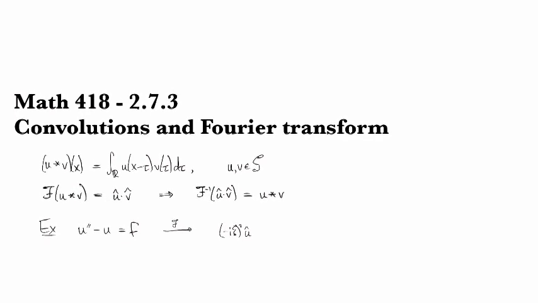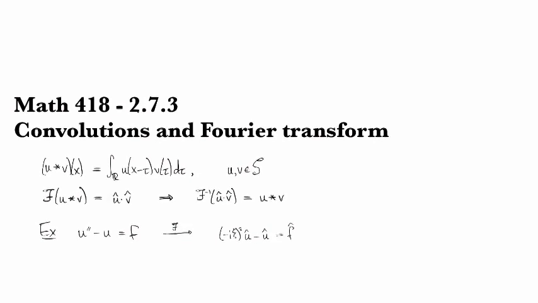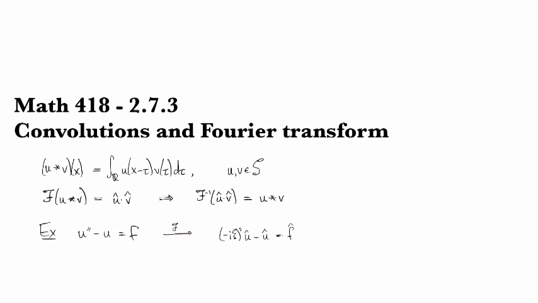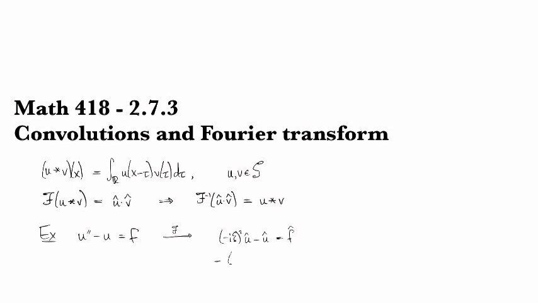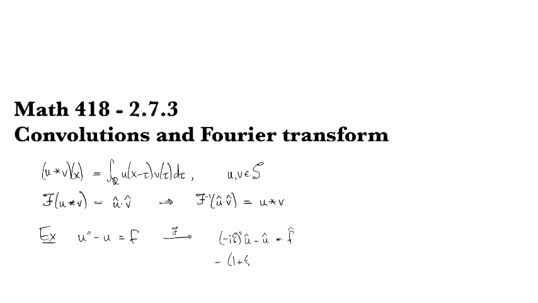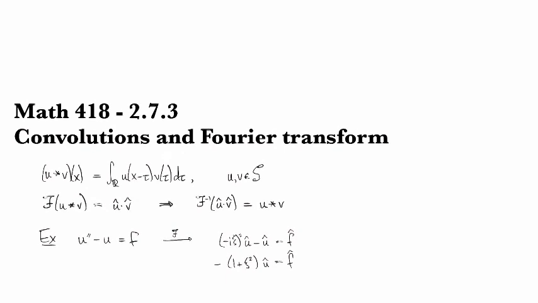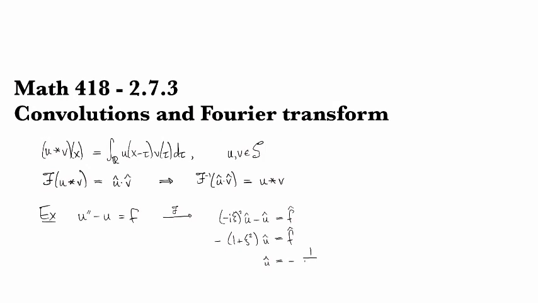And then u is just going to become u hat, and then f is going to become f hat. And so if we gather together what we've got on the left, there's a minus 1 plus xi squared times u hat. And so we can solve for this guy.